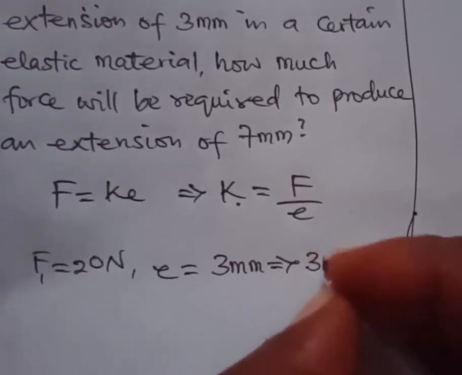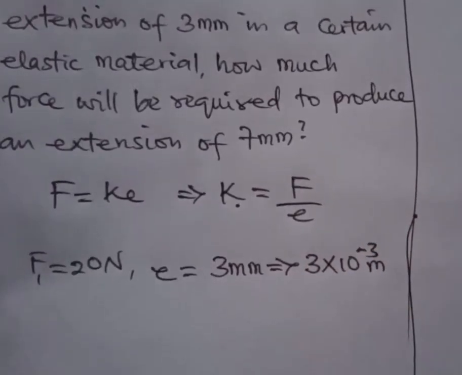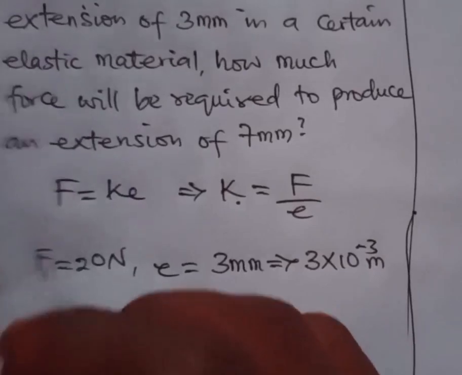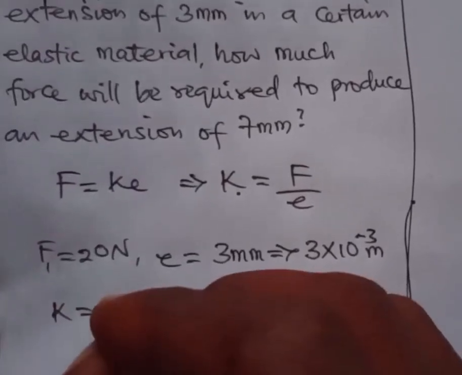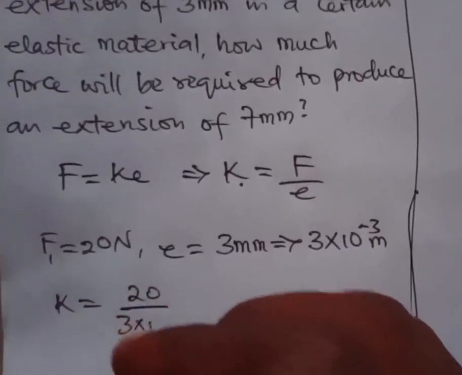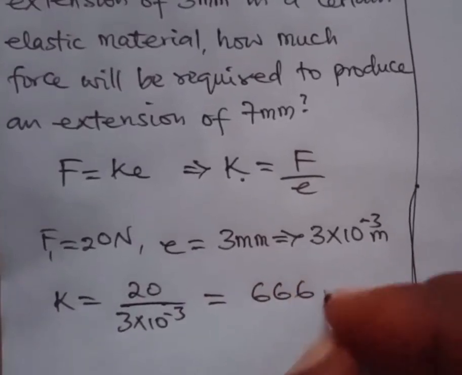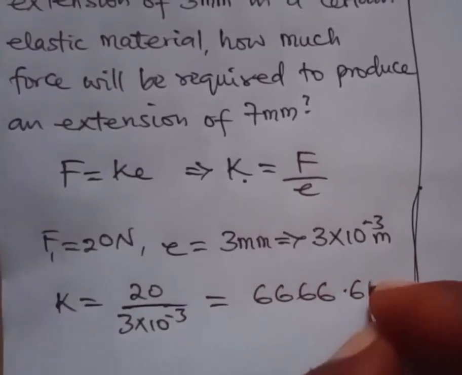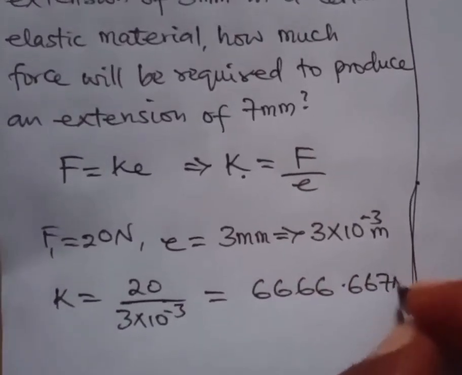So we'll have 3 divided by 1000, which is now in meters. So our K, making K subject of the formula, is now 20 over 3 times 10 raised to the power minus 3, which will give us 6666.667 Newton per meter.